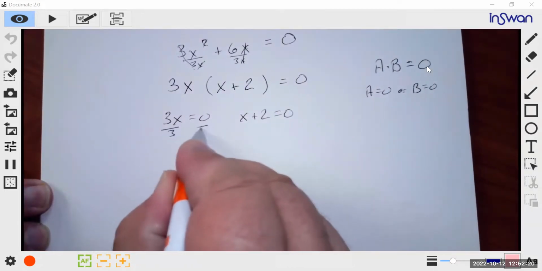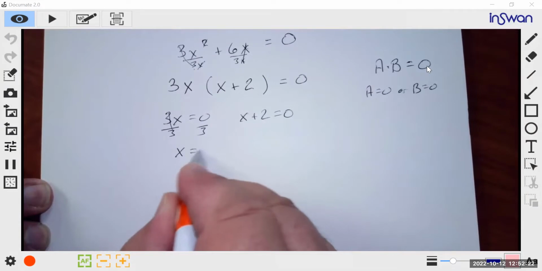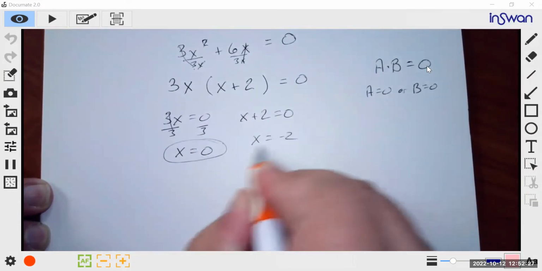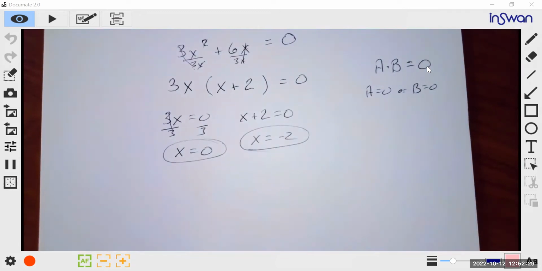Divide both sides by 3. So x equals 0. And subtract 2, x equals -2. So what do we do next? Look at your original equation. What x's can we not use?